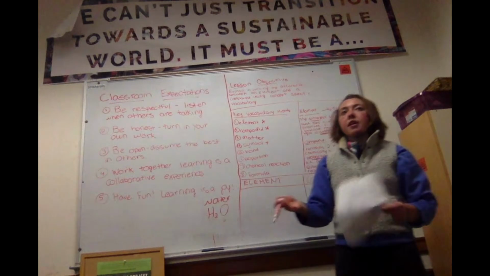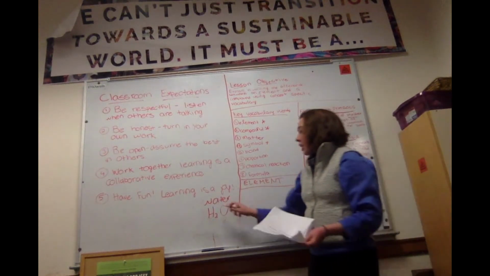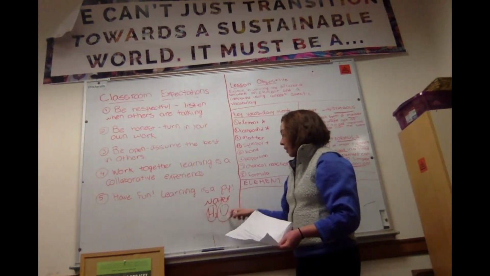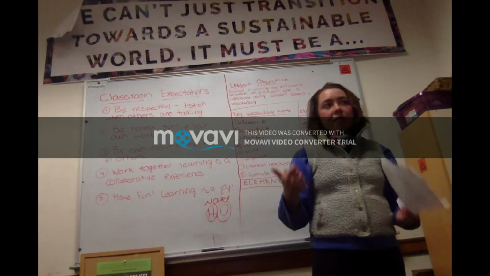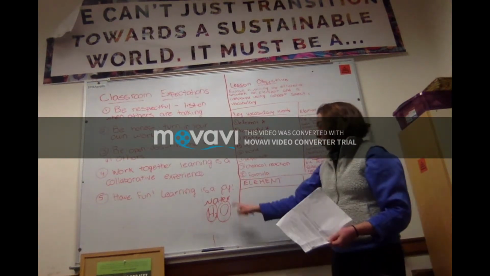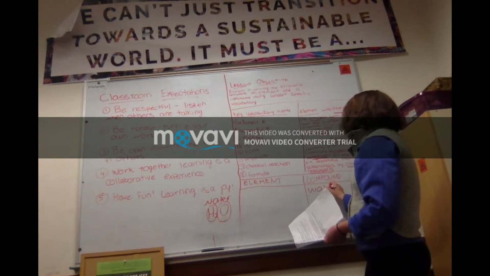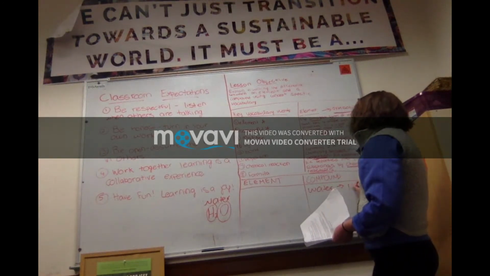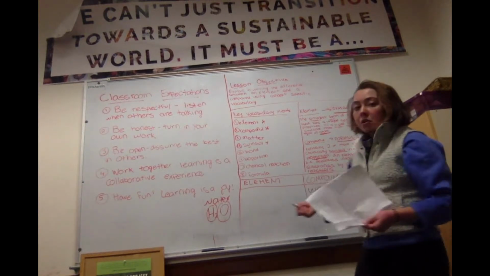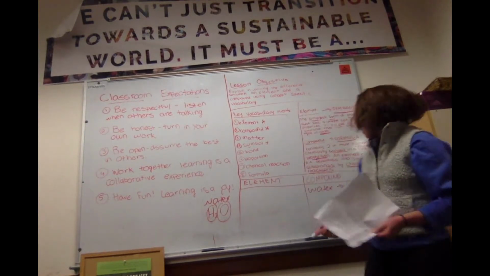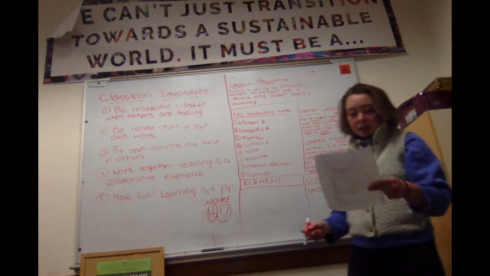That was a really good try. But the reason it's not an element is because there are two different elements here. We've got hydrogen and oxygen. So instead, water, H2O, is going to be a compound. So I'm going to write water in our compound box, and then I'm also going to write H2O just to remind us of that chemical formula. Everybody see that? All right.